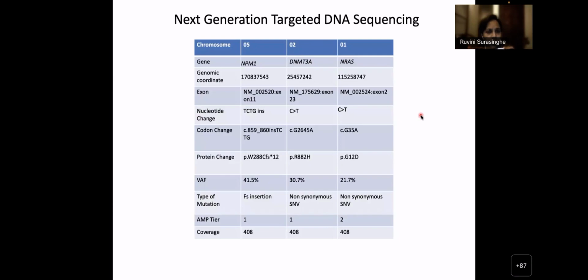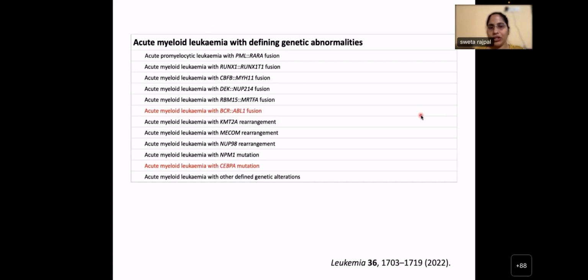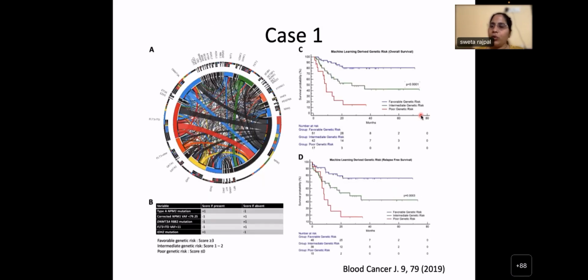So, NPM1 mutated AML with DNMT3A mutation has a poorer prognosis as compared to NPM1 mutated AML without DNMT3A mutation. Multiple mutations play a role, and it is a complex mechanism per se. So, presence of DNMT3A or FLT3-ITD confers a poorer prognosis.